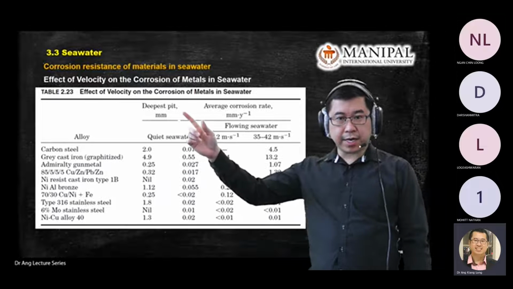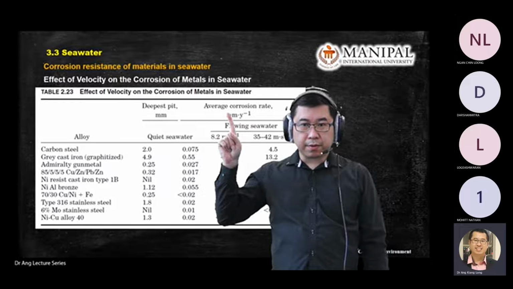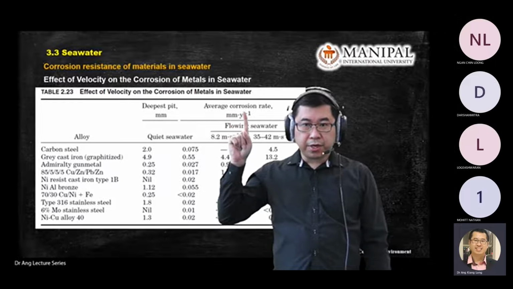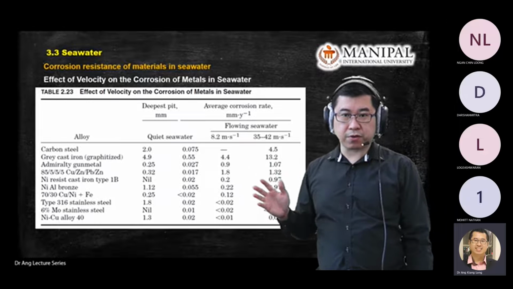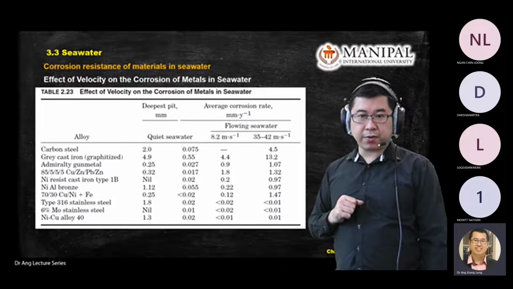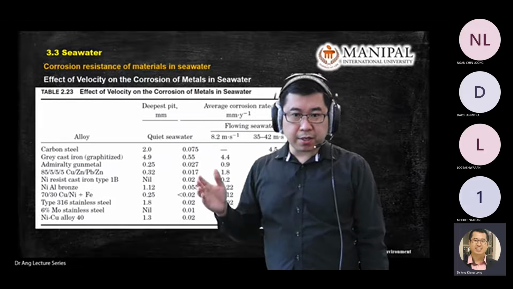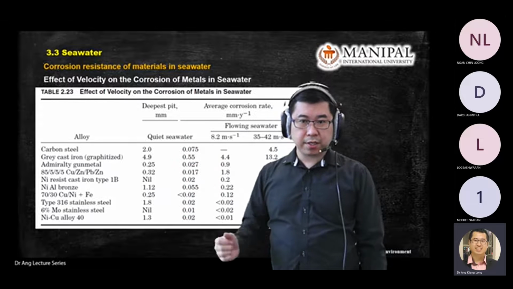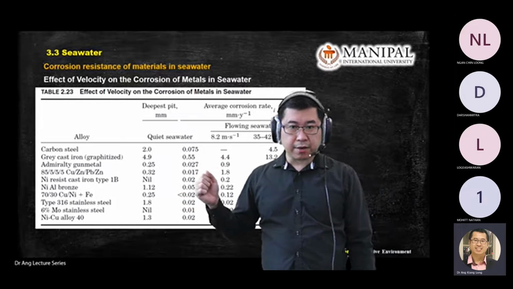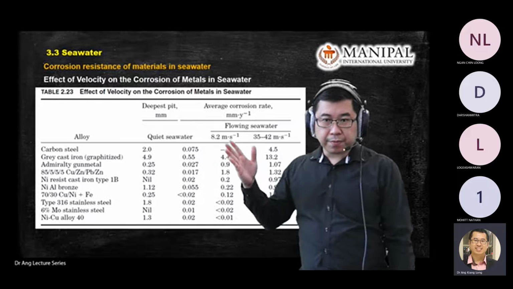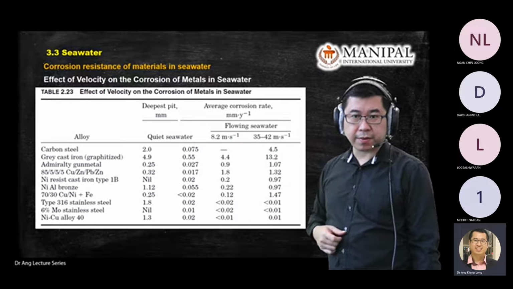So for the average corrosion rate, you can see that there's a change of value over here. So the deepest pit is like this. Okay, the deepest pit you can find, and the flowing water has this value.